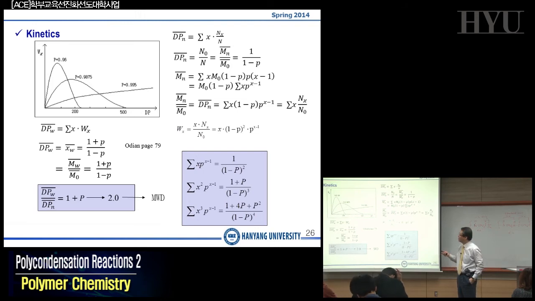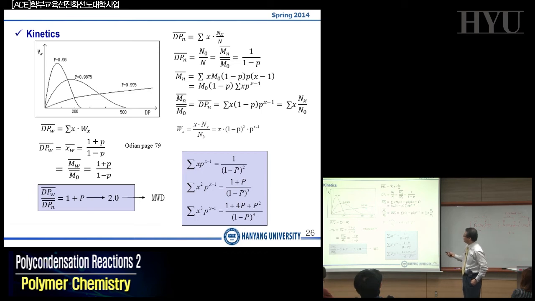Weight fraction is a little different from the number fraction, but again, if P increases, you come up with the high molecular weight fraction rather than the small molecular weight fraction. Starting from 0.96, 0.9875, 0.999.